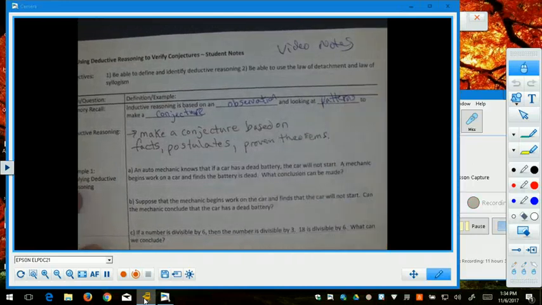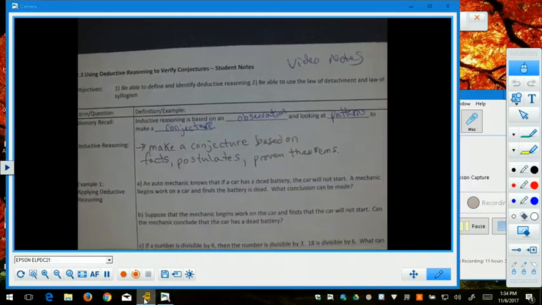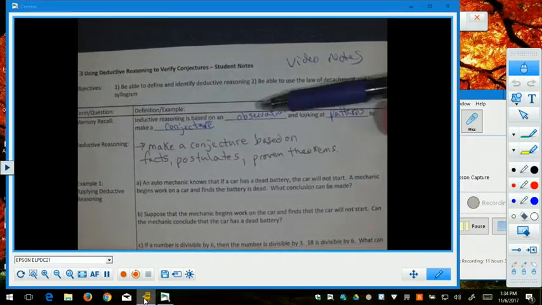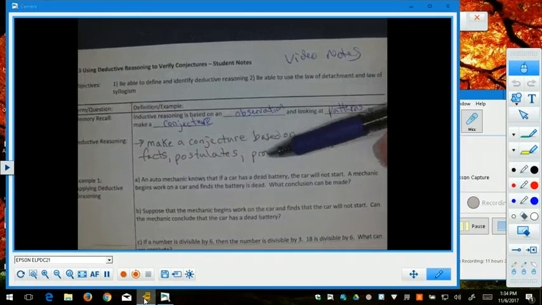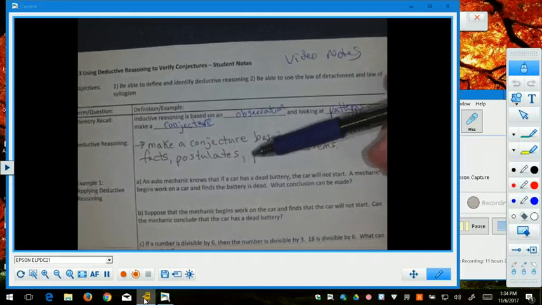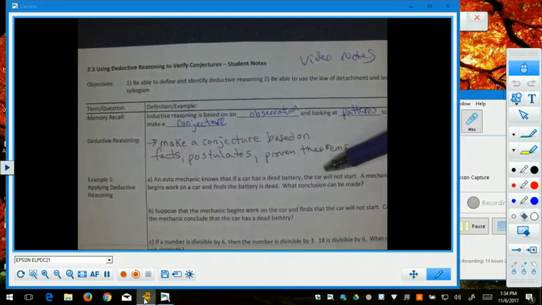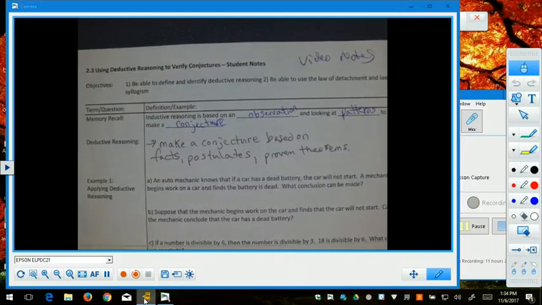So our conclusion is based on something that we were told, or comes from a series of factual statements that we can follow to get our conclusion. Not looking for a pattern. If we're figuring out a pattern, that's inductive reasoning. But if it's coming from facts that we've been told or have read, or postulates or proven theorems, then we are using deductive reasoning.